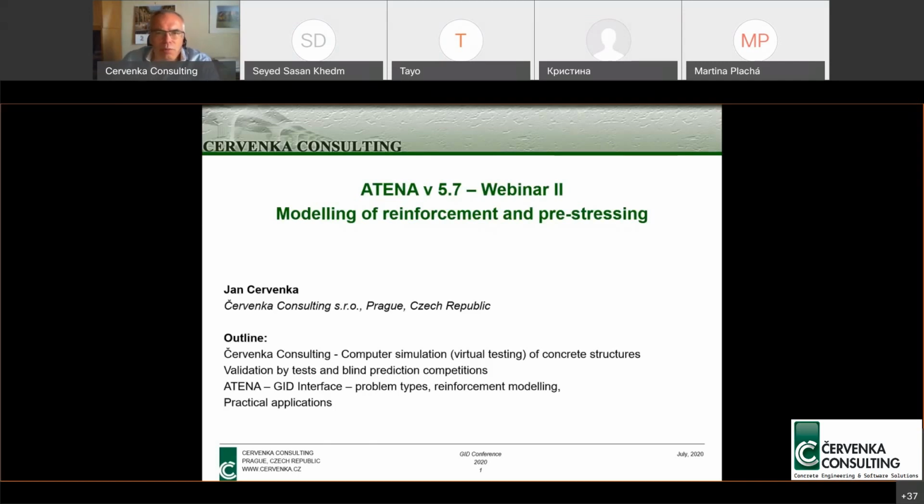The previous webinar was focused on the durability model. In this webinar, I want to focus on the reinforcement modeling and the modeling of prestressing. Of course, this is not totally new in ATENA. ATENA has always been about reinforcement modeling, but we have now slightly improved the possibilities for prestressing modeling.